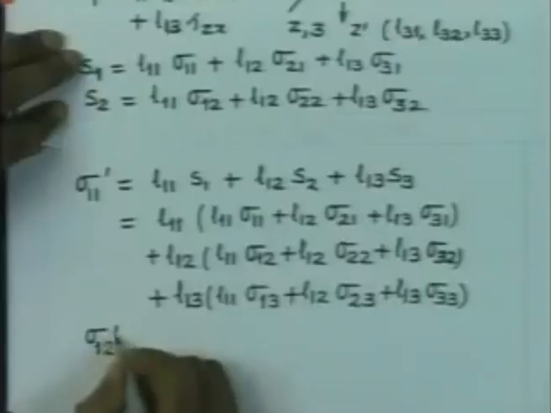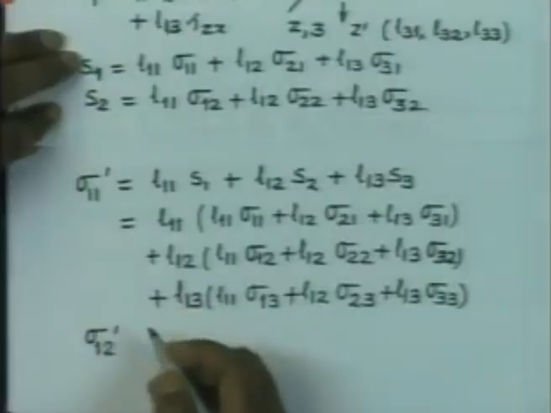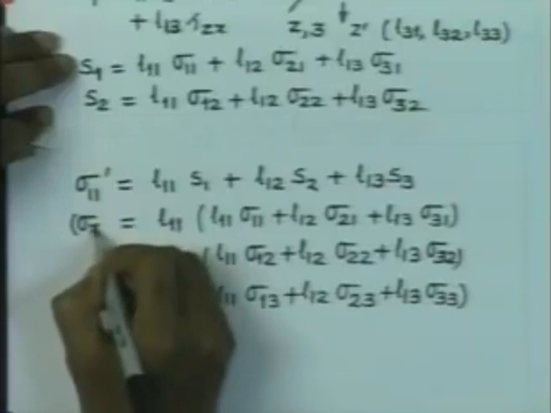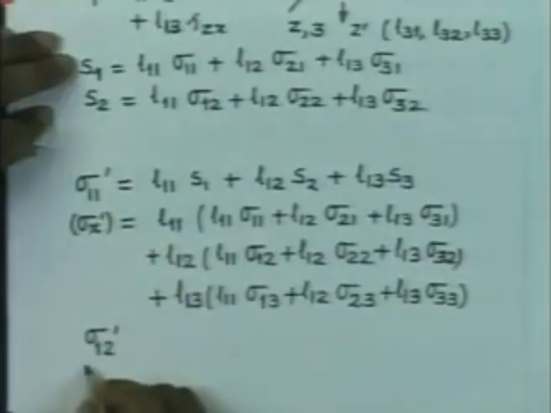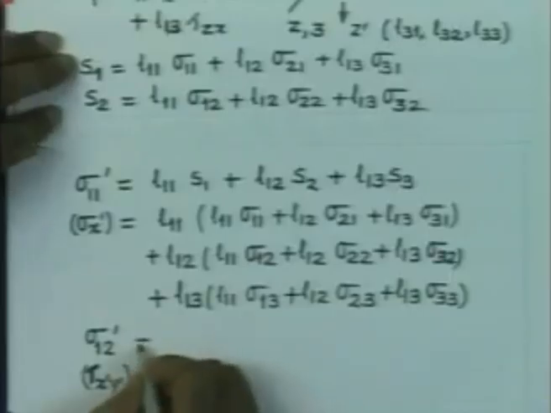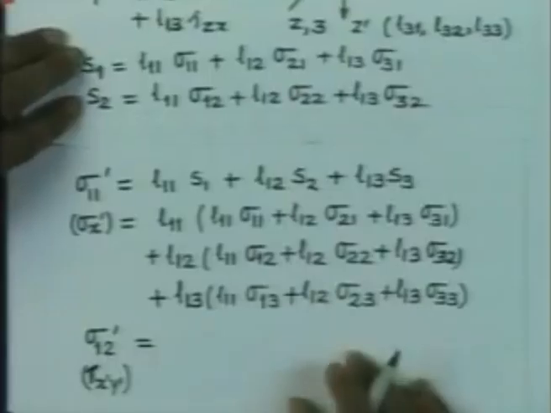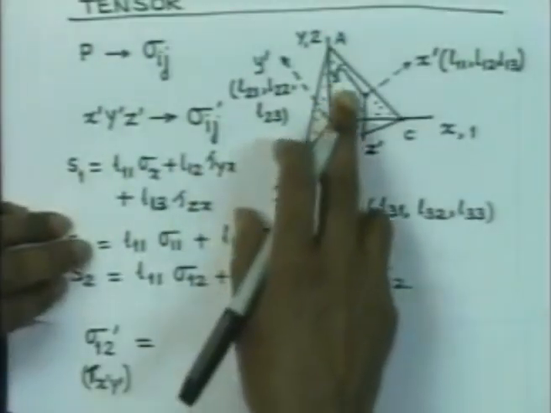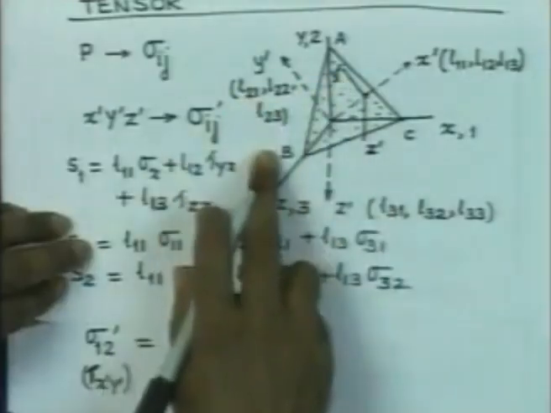For convenience, I can write here that this is nothing but sigma x dash, and this is tau x dash y dash, that is the stress. This is going to be given by making use of the direction cosines of y dash, which is this set.